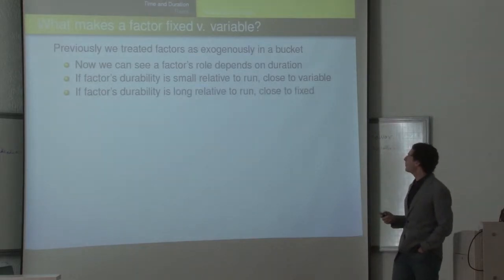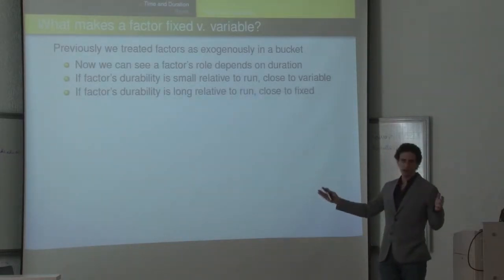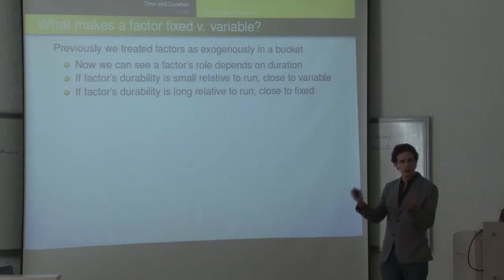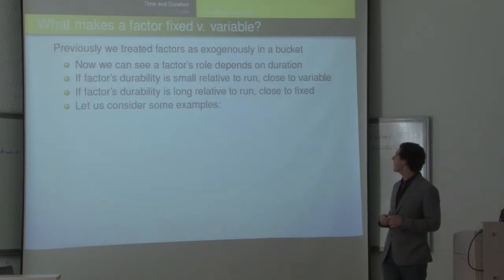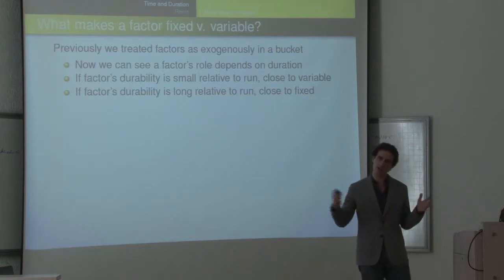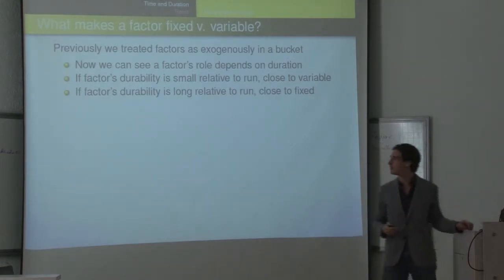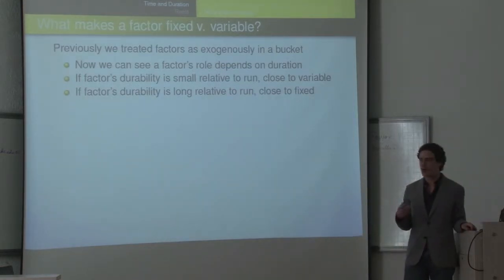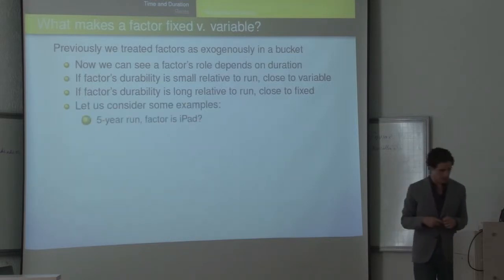So if the durability is long and the run is short, then it's not going to be adjustable. If the durability is short and the run is long, then it will be considered a variable factor. So let's try to think through some examples of this.